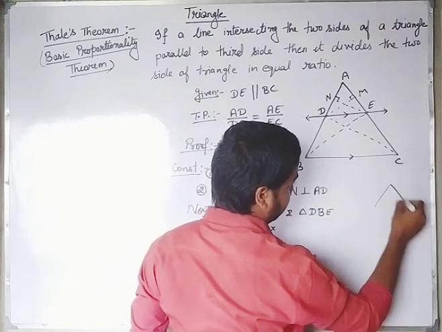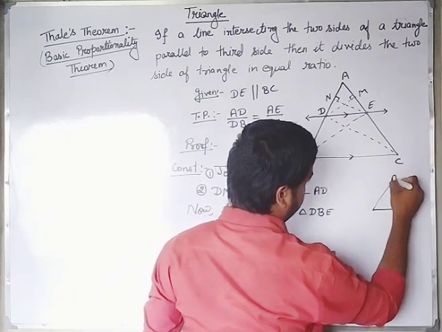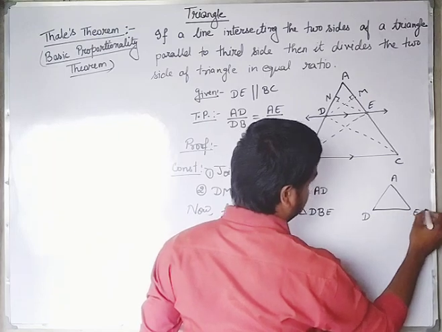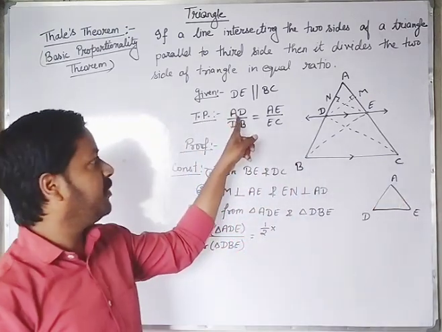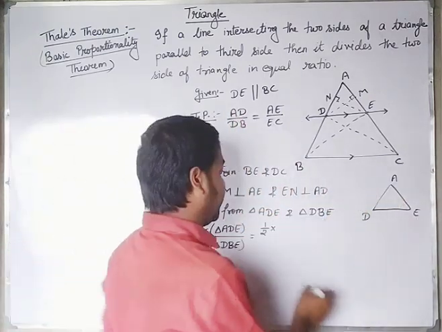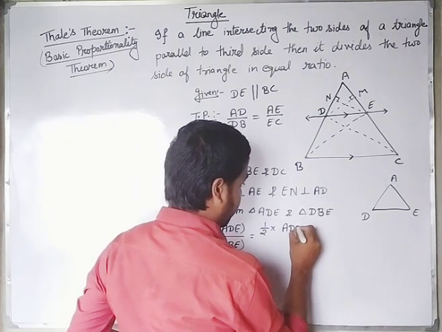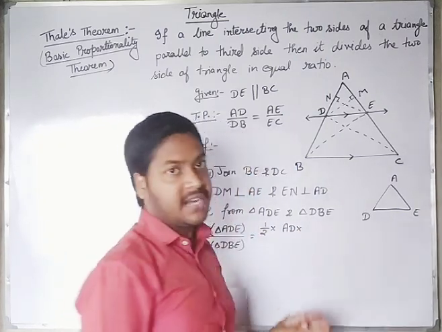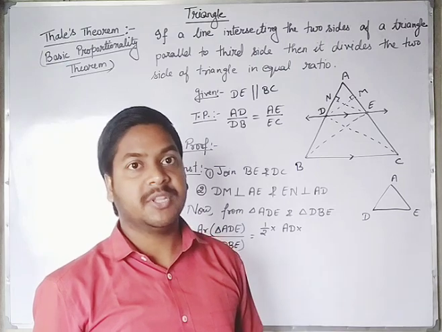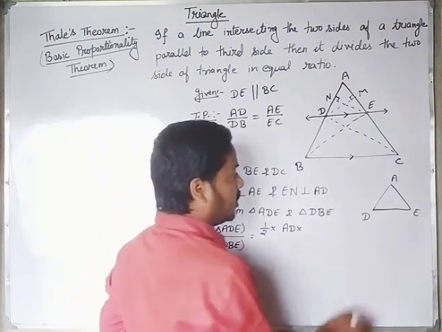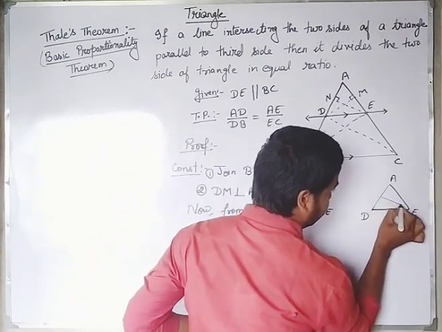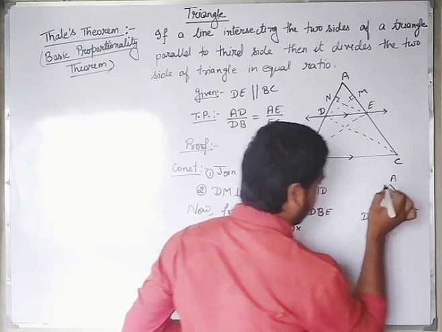Here I am doing it in rough. In this triangle, actually here we need AD, so I will take AD as base. If AD is the base, then height, whatever line is coming perpendicular to the base, that is called height. So this line will behave as perpendicular, EN.